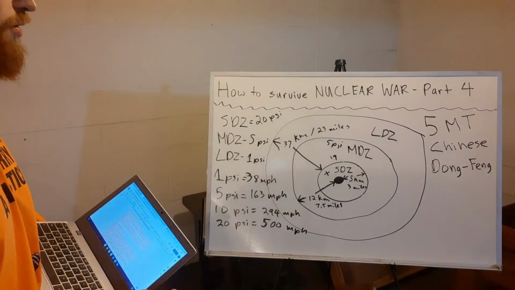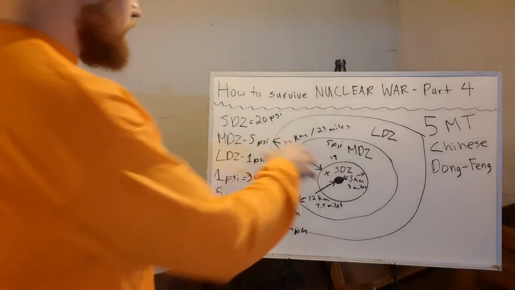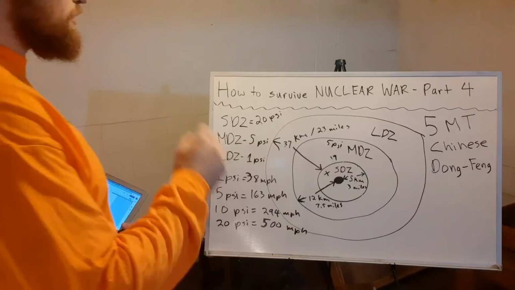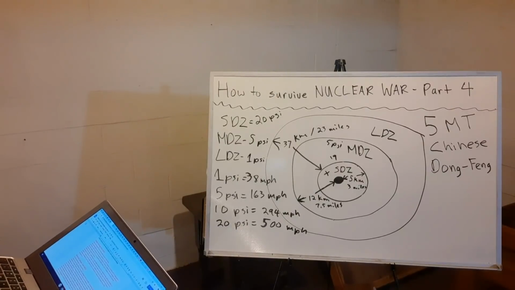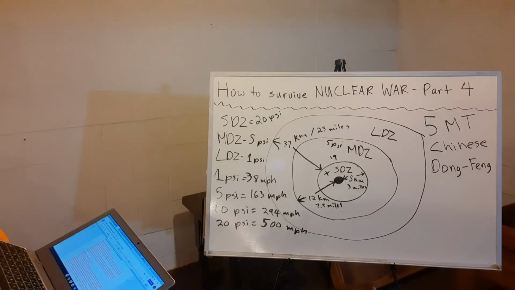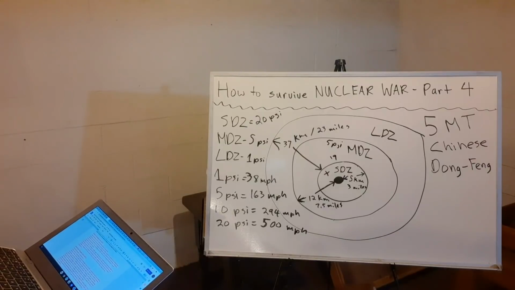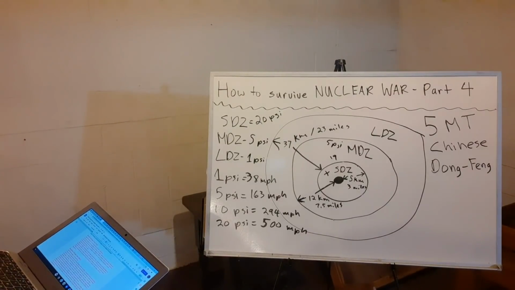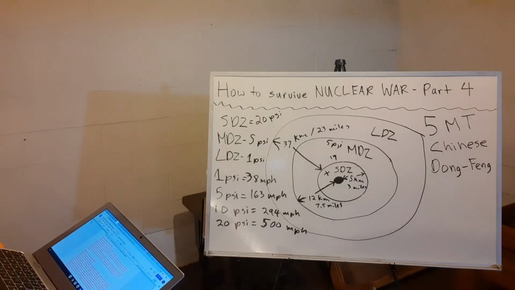All right, so I'm going to describe to you what it would be like to be in the severe damage zone after this bomb goes off, or the moderate or the light damage zone, all right? So the best way to describe the severe damage zone is if you look at pictures of 9/11 when the Twin Towers fell, that's what the severe damage zone is going to look like if one of these Chinese ICBMs are detonated, let's say in lower Manhattan.